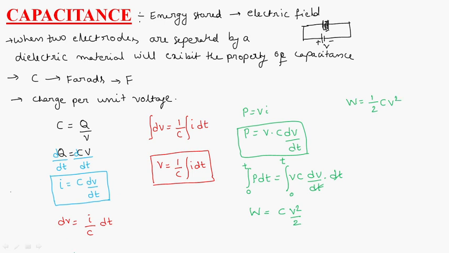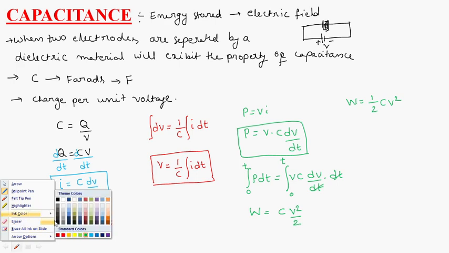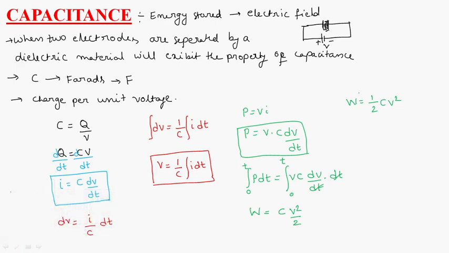Half CV square. So what is work done? Work done is nothing but the amount of energy stored.